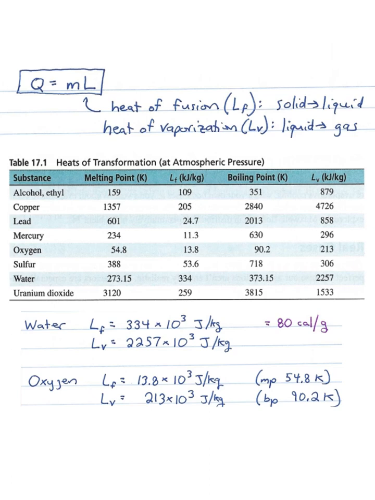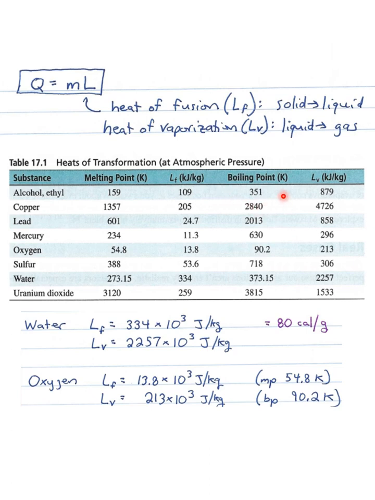You look at table 17.1, which will be useful for the various examples and homework problems that we'll do. Let's just look at the first one, ethyl alcohol. It gives the melting point, 159 Kelvin. The heat of fusion is 109 kilojoules per kilogram. What that means is if you are going to melt it from a solid to liquid, for every kilogram of mass, you need to input 109 kilojoules or 109,000 joules.